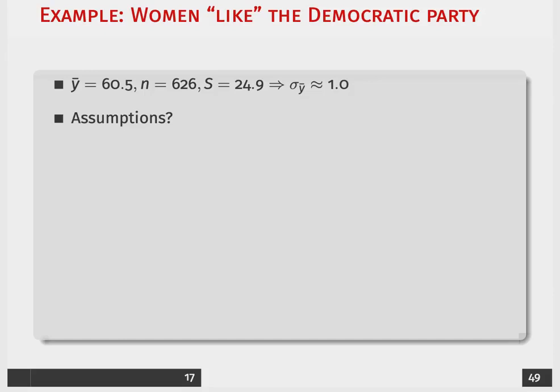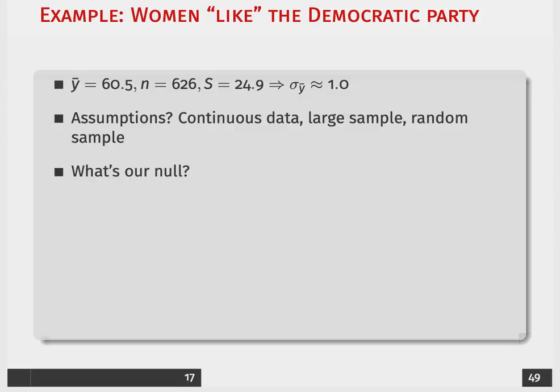Now, what assumptions do we have to make moving forward? Well, we have to state what kind of data we have. So we have continuous data, right? It's from 0 to 100. We have a large sample, over 600 respondents, and it is a random sample as far as we know. Our null hypothesis is going to be a two-sided test here.